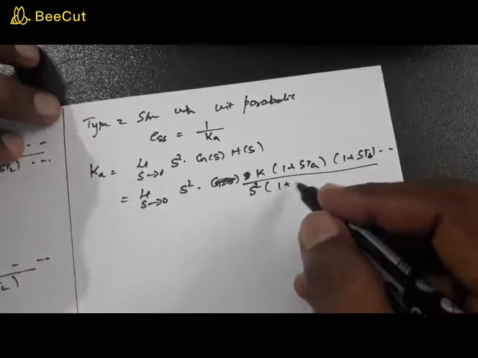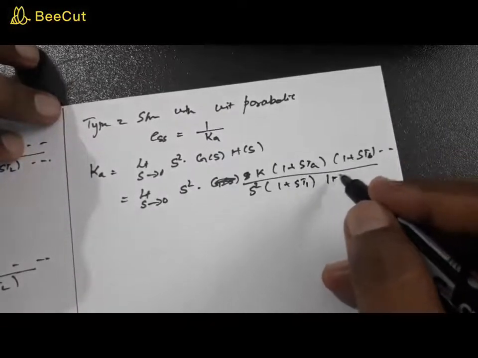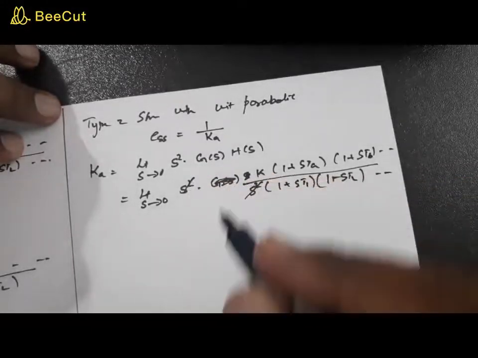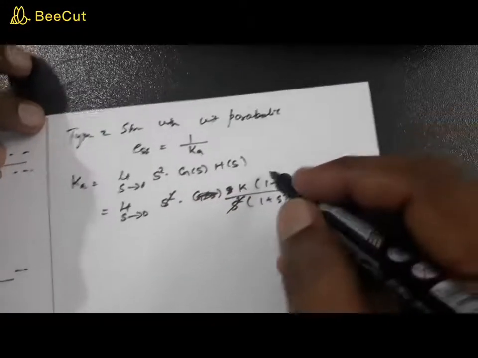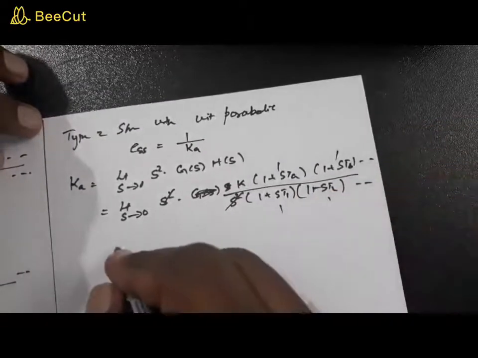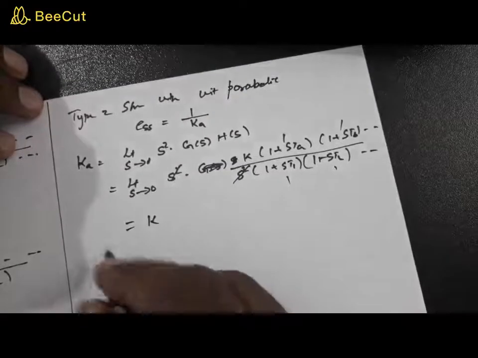Now this s square and s square get cancelled, so when you apply the limit, each remaining term becomes unity, so Ka is equal to K, the forward path gain.